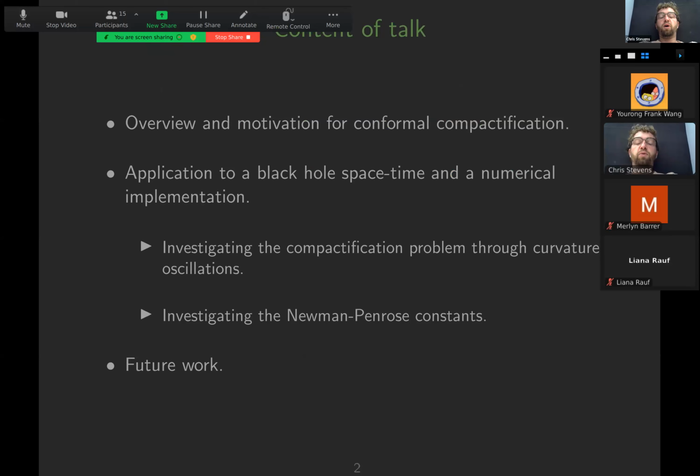So I'll give you, to start with, an overview of where the motivation came from for this conformal compactification, looking at an unambiguous notion of gravitational radiation and energy or momentum of space-time.